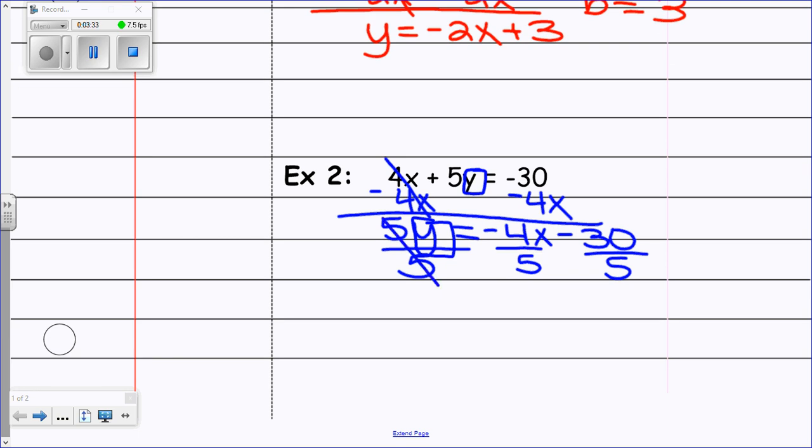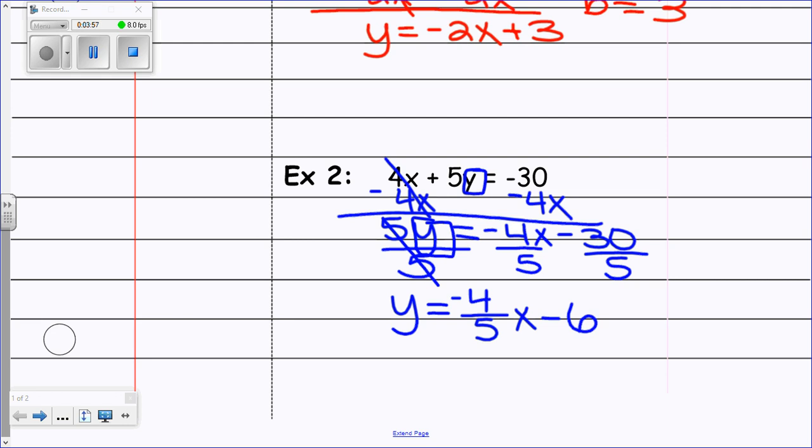So therefore, here, the 5's cancel, so we're left with y is equal to, and then so we got negative 4 divided by 5, which as simplified would be negative 4/5 x. And then we have a minus 30 over 5, which is minus 6.